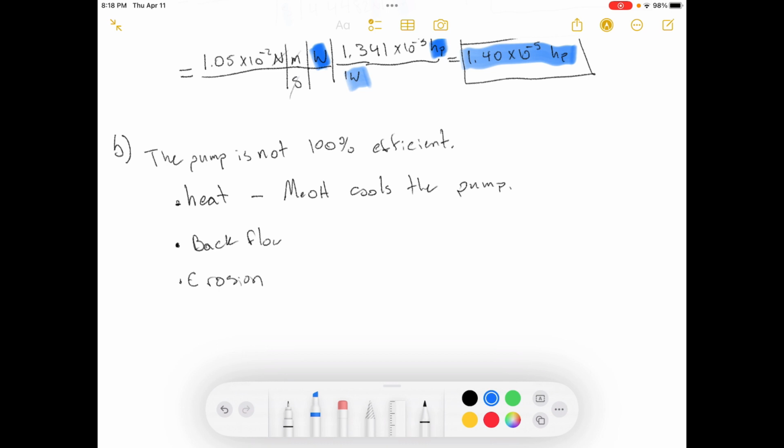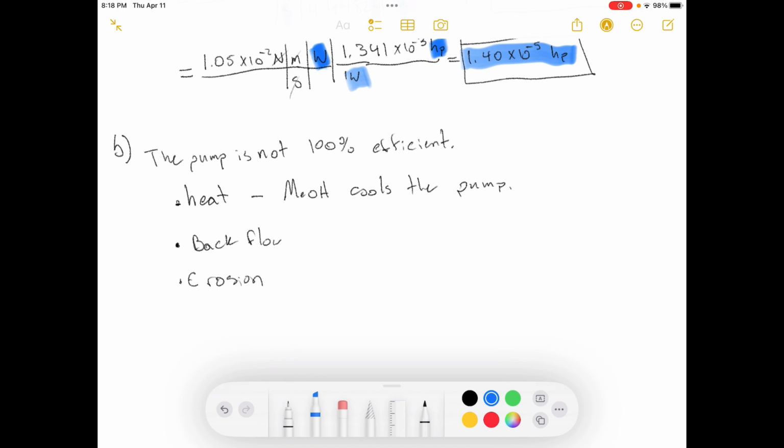Part B. The electrical power input to the pump transporting the methanol must be greater than the amount you calculated in Part A. What would you guess becomes of the additional energy? There are several possible answers. The pump is not going to be 100% efficient. Nothing is 100% efficient.